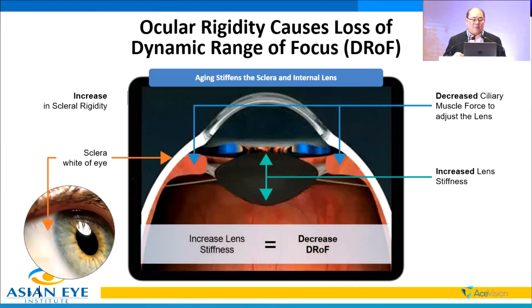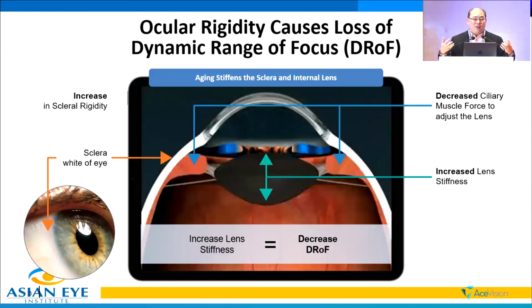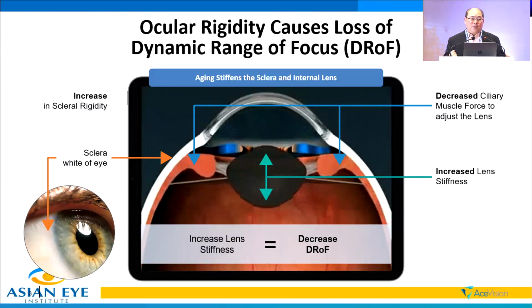When you're young, your lens is very flexible. Your lens is attached to the ciliary muscle via the zonules, and the ciliary muscle is attached to the sclera. We can't touch the ciliary muscle, and we can't touch the zonules. So can we modify the sclera somehow to help with accommodation and improve the dynamic range of focus?